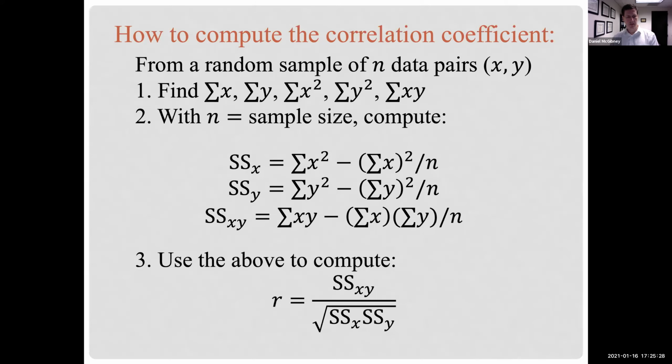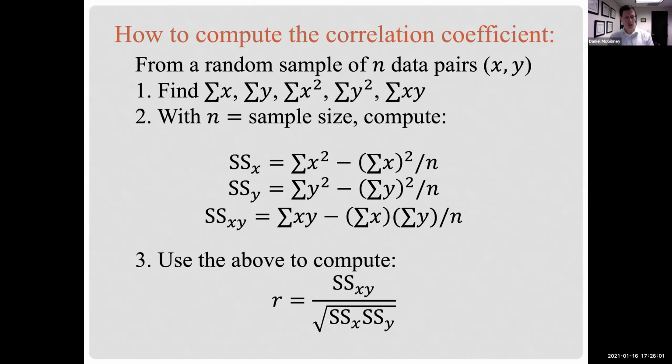From these sums, we'll calculate what's called the sum of squares. The first equation states SS_x, which is called the sum of squares of x. From the equation, we see that it is the sum of the x's squared minus the sum of x quantity squared divided by n.